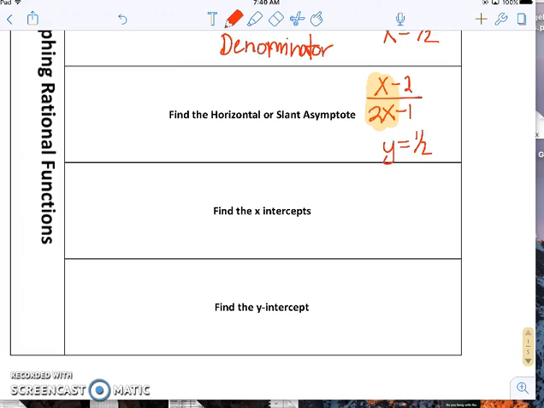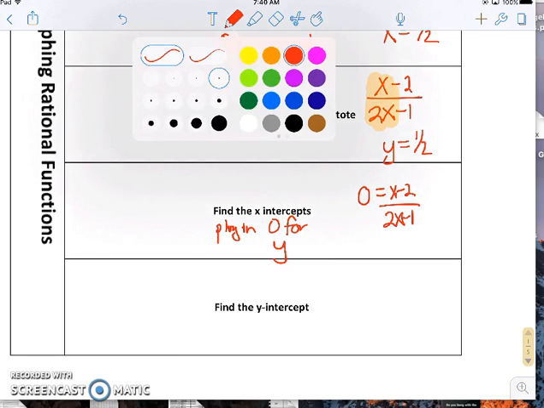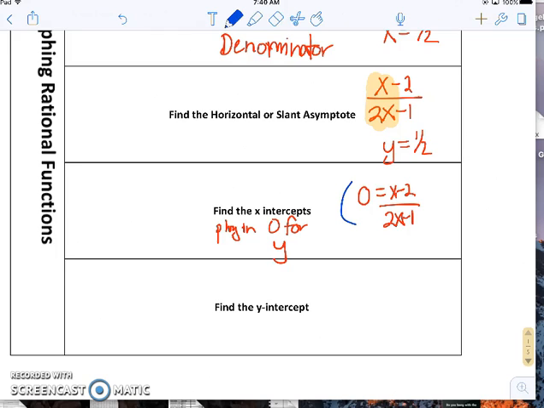X-intercepts and y-intercepts. These are pretty easy. To find our x-intercept, we plug in 0 for y. So 0 equals x minus 2 divided by 2x minus 1. And we clear the fractions, so we have 0 equals x minus 2. So our x-intercept is at 2, the coordinate 2, 0.